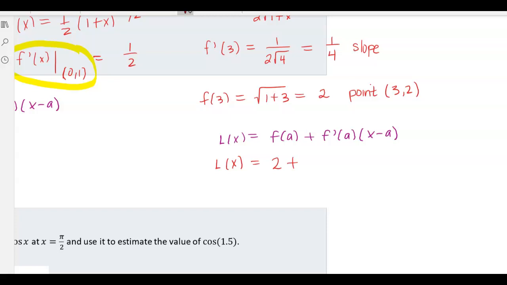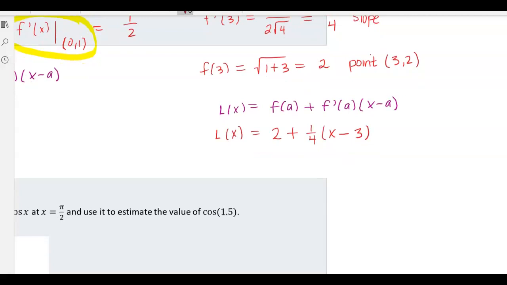The derivative at a was 1/4, and then x minus, we're plugging in 3 this time. All right, so L of x is, let's see, it'll be 1/4 x, and then I'm going to have 2 minus 3/4. Just grab a calculator, 2 minus 3/4, which is 5/4.